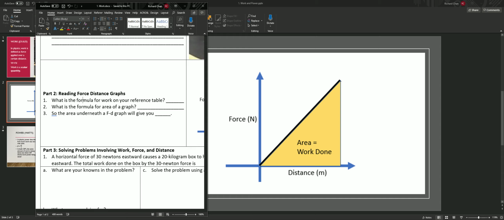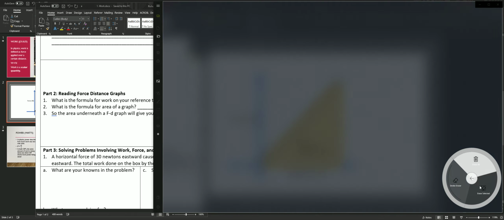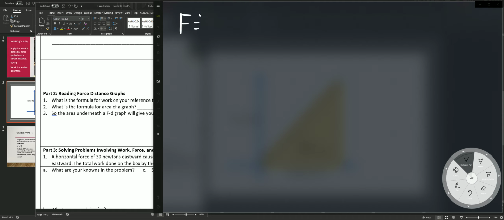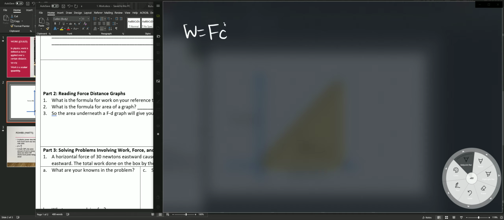The formula for work is W equals FD. The formula for the area of anything is either your base times height, or if it's a triangle, it's 1/2 base times height. Right, that's your area.